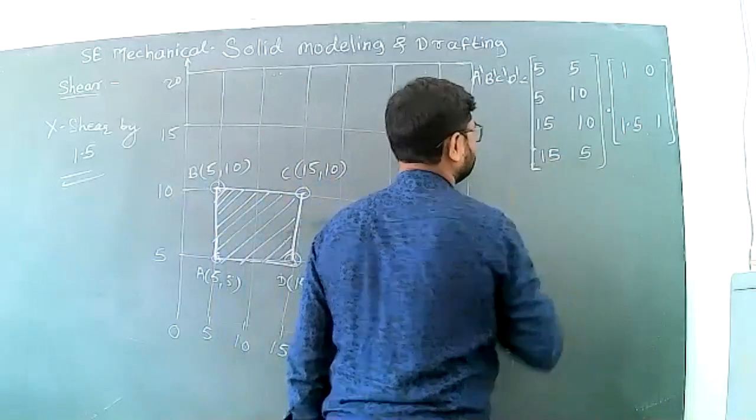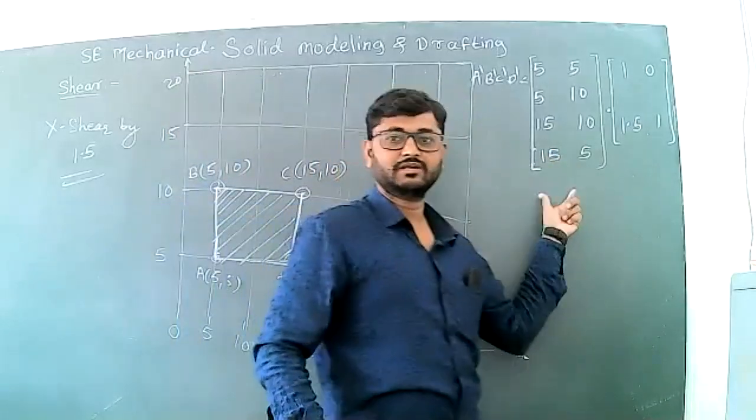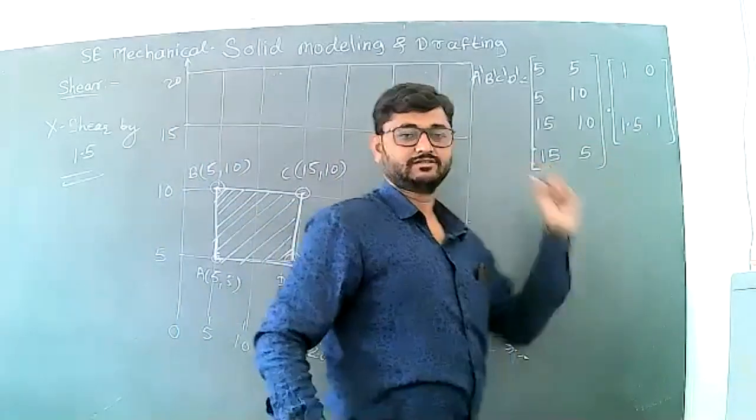We have to multiply this ABCD matrix by the shear matrix.